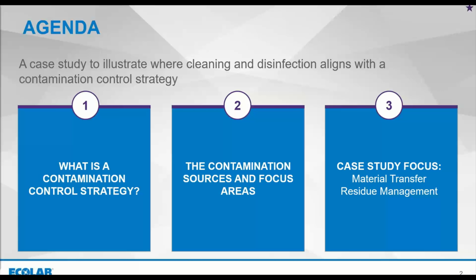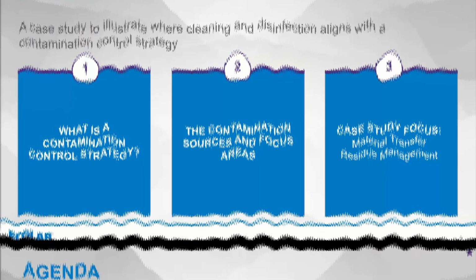For that, we need to understand contamination sources and the areas that we need to focus on. Then we'll look at how we can apply a tool to help us assess the contamination risks, and that will be in the form of a case study with a particular focus on material transfer and also the management of residues.